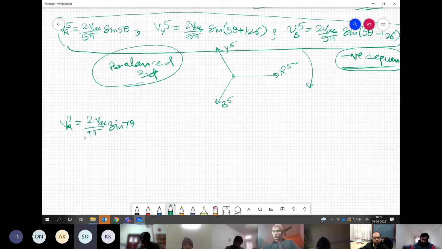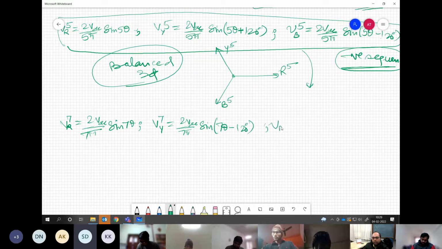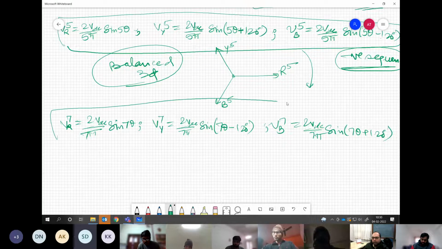You check it yourself. Vy7 will be 2 VDC by 7 pi times sine of 7 theta minus 120 degrees, and Vb7 is 2 VDC by 7 pi sine of 7 theta plus 120. This will again come back to the positive sequence.